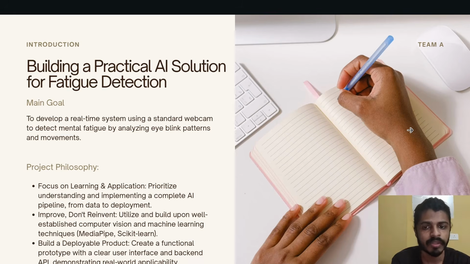So our philosophy behind this project was that we focused on learning and application. We prioritized understanding and implementing a complete AI pipeline from data to deployment. Our other priority was to build upon existing work and not reinvent. We utilized well-established computer vision and machine learning techniques like MediaPipe, which will give us the landmarks on a face, and scikit-learn, which will help us to train our model.